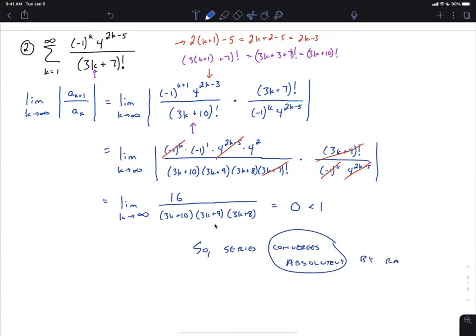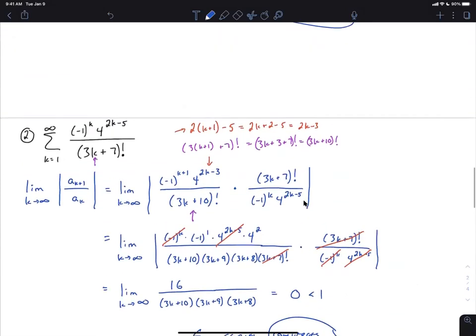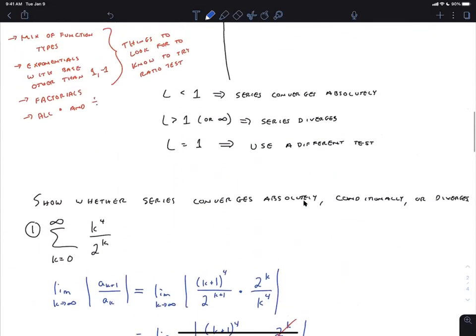Does that make sense? Any questions on that? Okay, so now if you'd gotten like 3 here, or if this was flipped upside down and it was infinity, then that'd be bigger than 1, and that's when it would diverge. And so you kind of go back up here, and those are the possibilities.